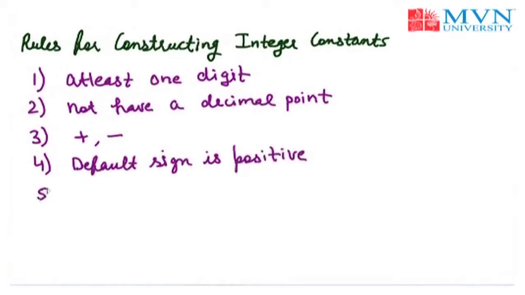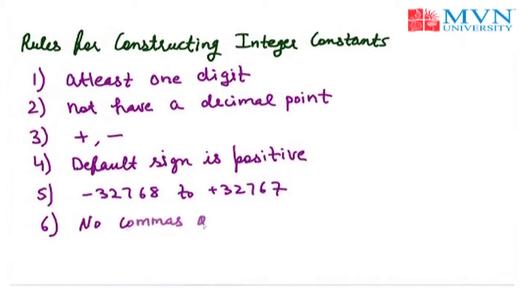Fifth rule is the allowable range for integer constant is from -32768 to +32767. And the last rule is no commas or blanks are allowed.